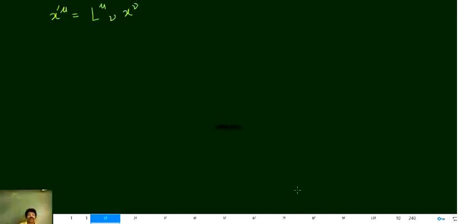The index nu is contracted and you get x mu prime. So this is the Lorentz transformation, and this transformation matrix transforms an event in the unprimed coordinates to an event in the prime coordinates.